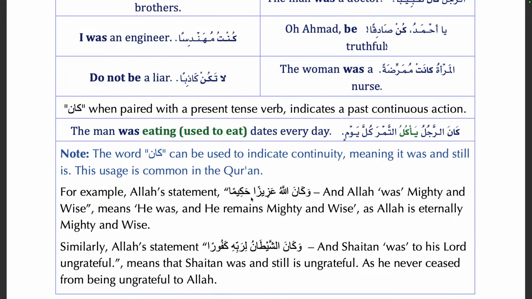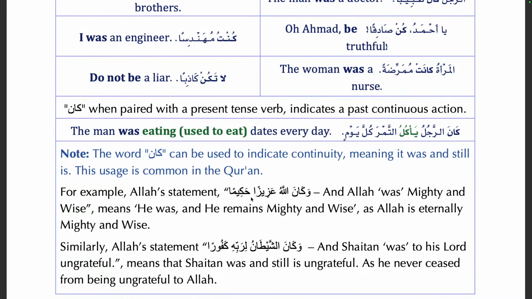Understand? You're emphasizing. If you say Allah is mighty and wise, it's general. Right? There's no indication of anything specific. But we all know that Allah's names and attributes, as a general principle, are all divine and eternal. Right? They're always there, never cease to exist.